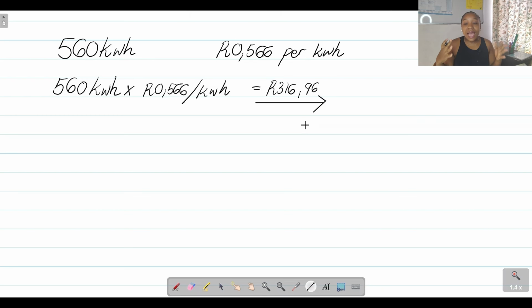So this household would pay 316 rand and 96 cents towards the electricity bill at the end of the month, right? So this is a flat rate. It doesn't change. It is fixed, regardless of how much electricity that you use.